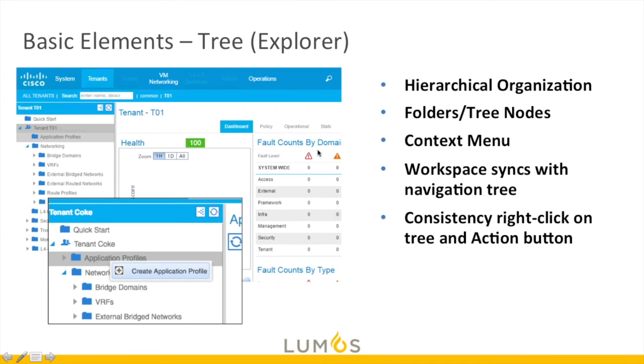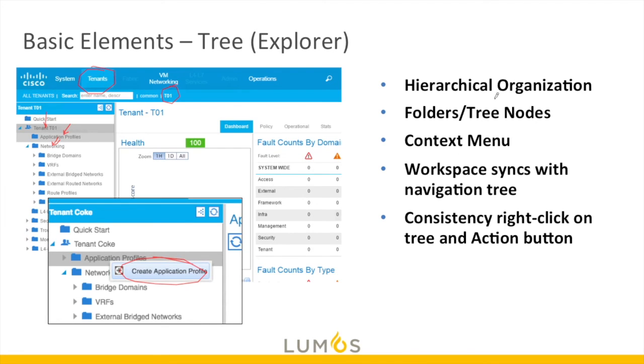And then basic elements, everything is fairly hierarchical. For example, here we have tenants. We selected a tenant T01. Under it, we've got application profiles, and we've got networking. Under networking, we've got our VRFs. Under different tenants, we can go to application profiles and create application profiles.